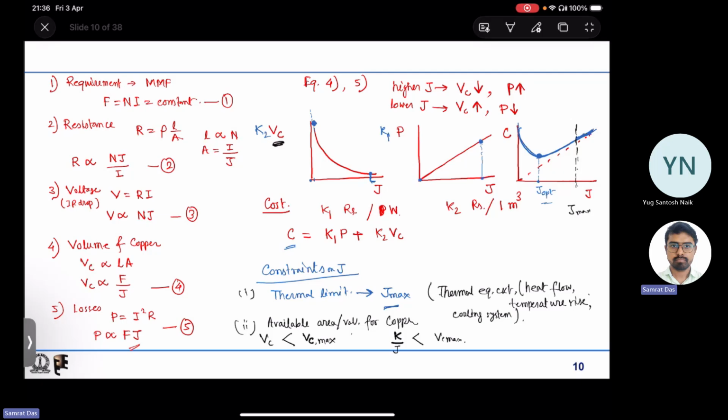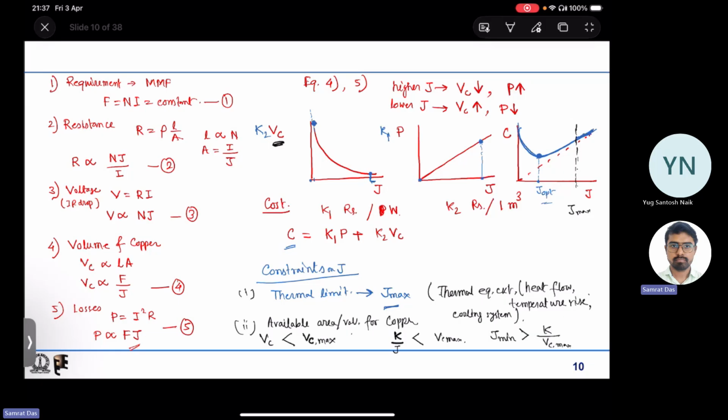So J will have to be greater than some number. J has to be always greater than K by VC max. So K is the proportionality constant for this fourth equation that takes care of the MMF F also, and VC max is the maximum available volume for copper. So that decides on the J min.